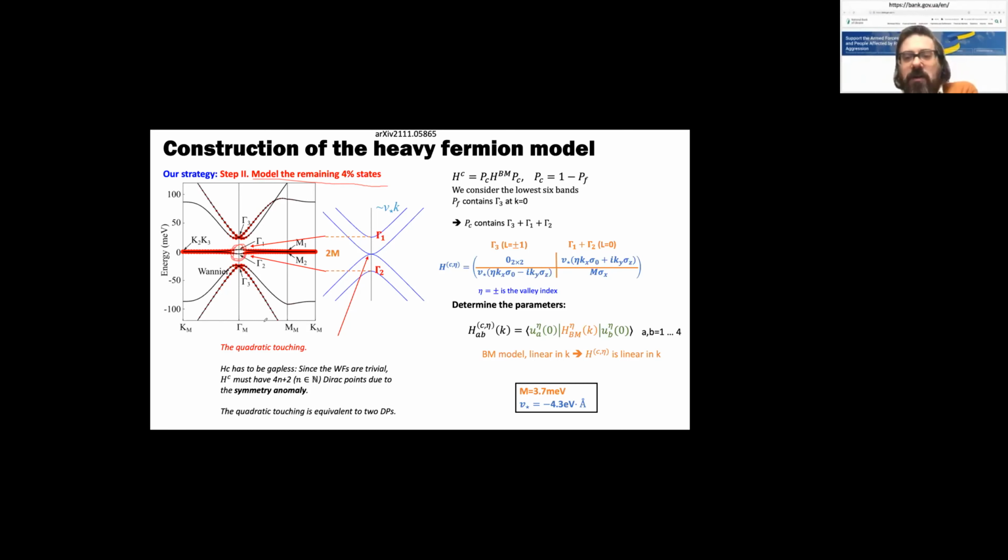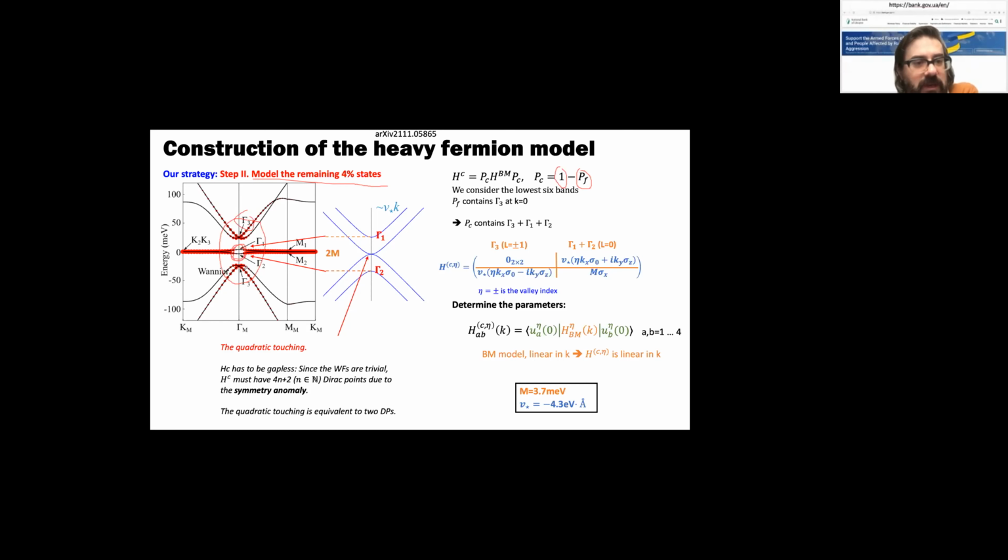You can calculate them by taking the projector into these 6 bands, which is what you used to build the Vanya states, which I'm going to call 1 here, and removing the projector into the heavy fermion states, which you've already built.